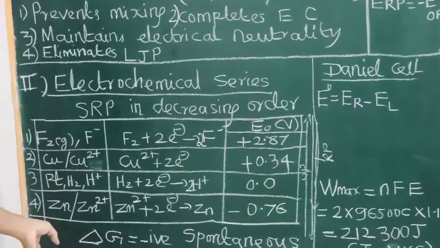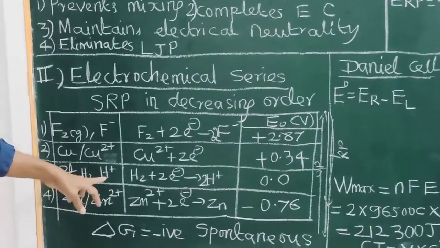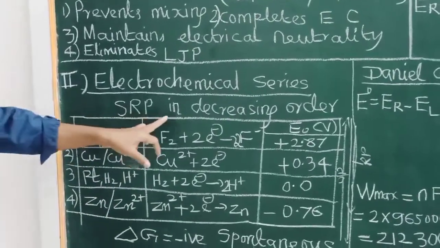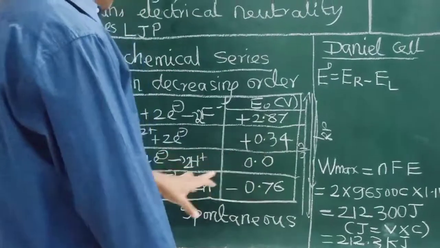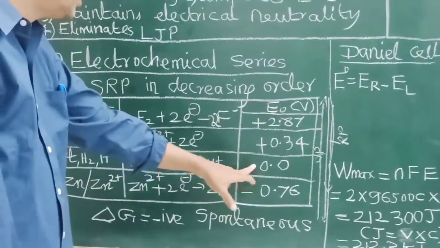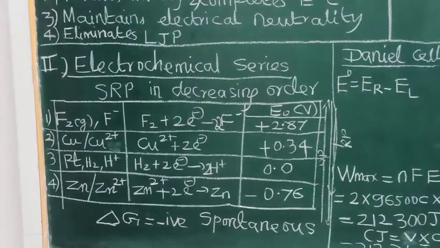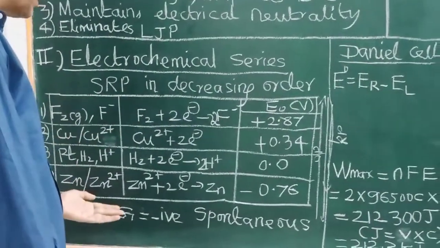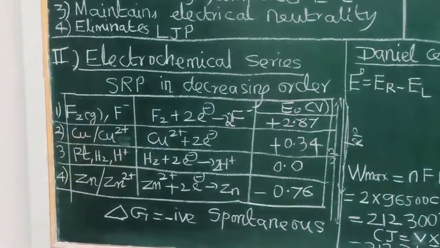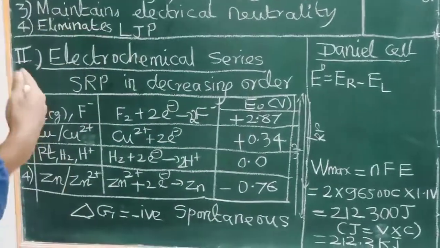Here is the platinum hydrogen electrode, with H plus; this is the electrode reaction, and its value is assumed to be 0.0. Above hydrogen, species are oxidizing agents. Below hydrogen, they are reducing agents. With respect to hydrogen, everything is compared.